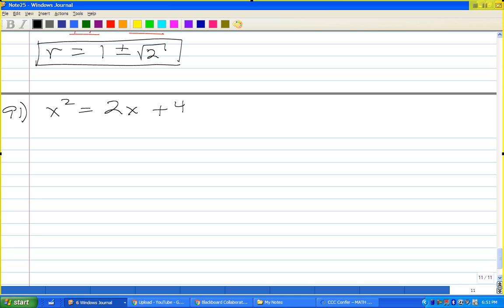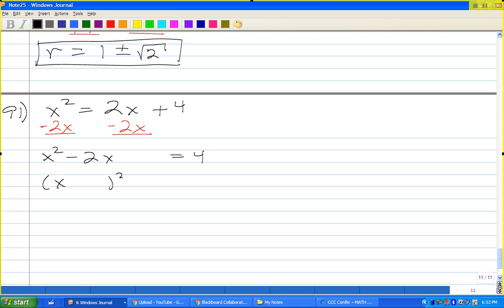So let me subtract 2x from both sides of my equation. So I have x squared minus 2x is equal to 4.